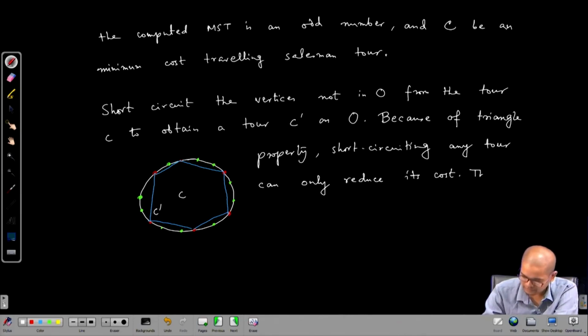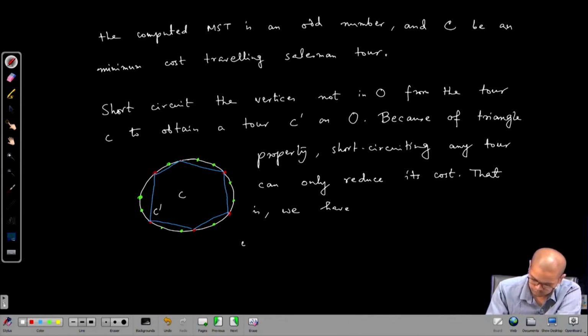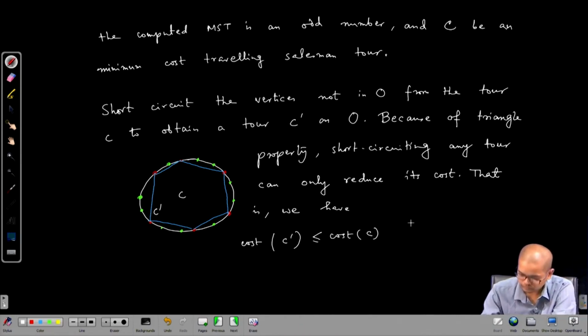That is, we have cost of C prime is less than or equal to cost of C, which is the opt.